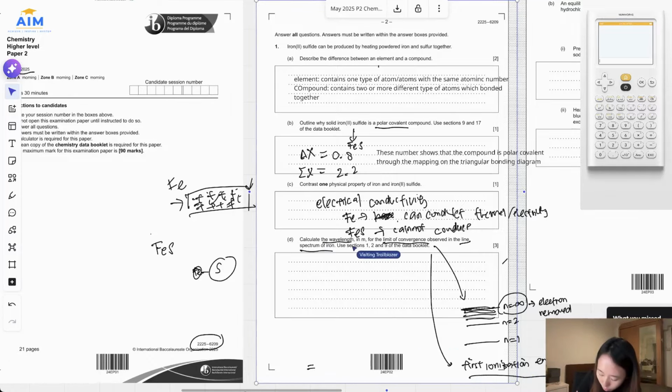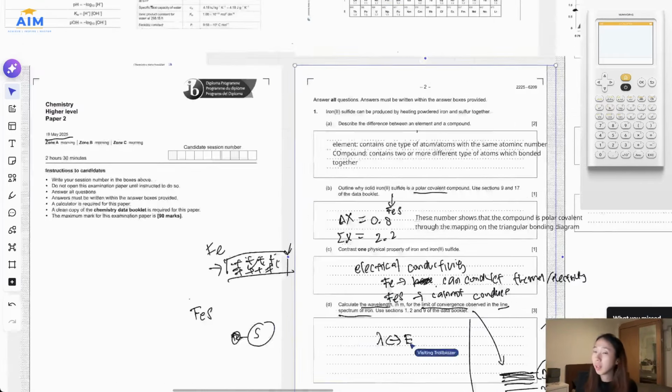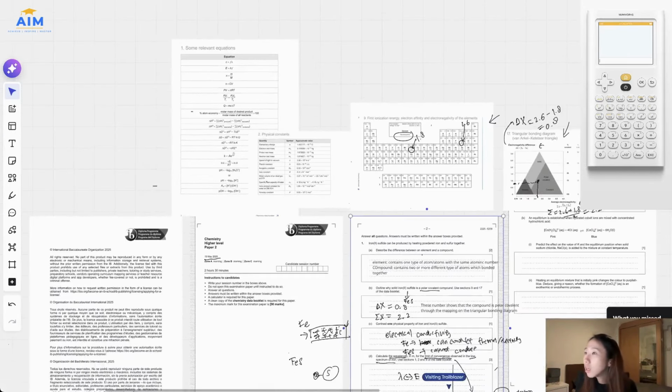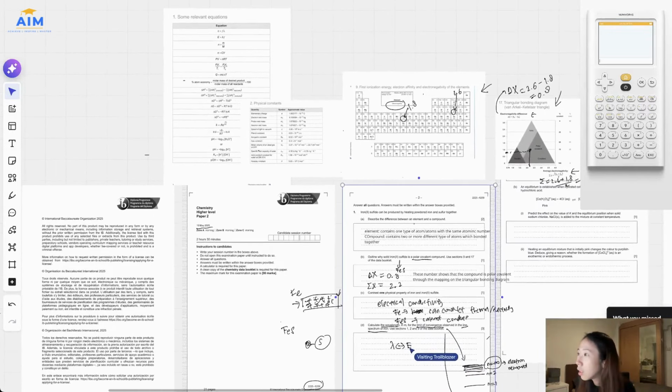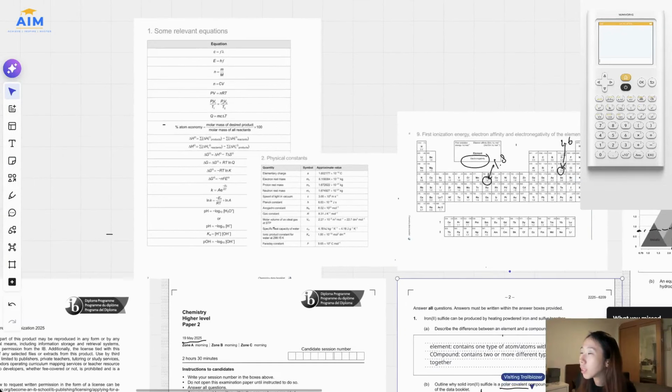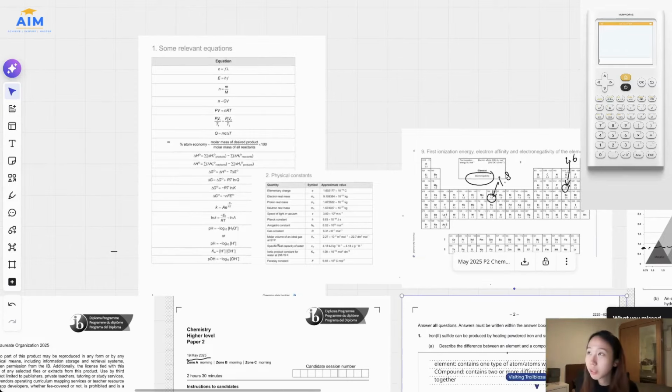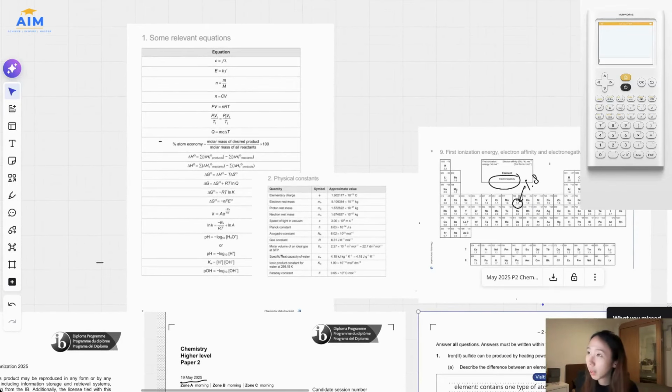So we need to know the relation between wavelength and energy. So for this energy here, what is the wavelength? How do we know? We can see section 1, 2, and 9. If we go up here, this is section 1, 2, and 9.